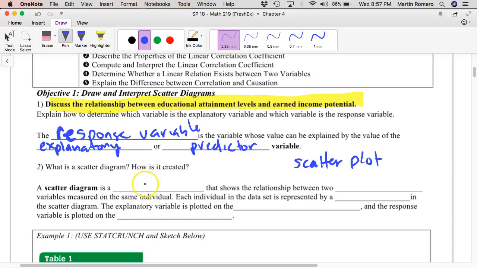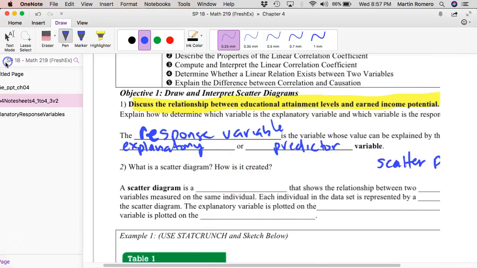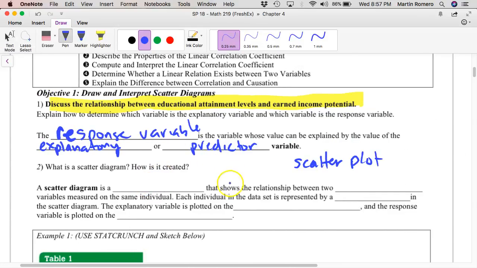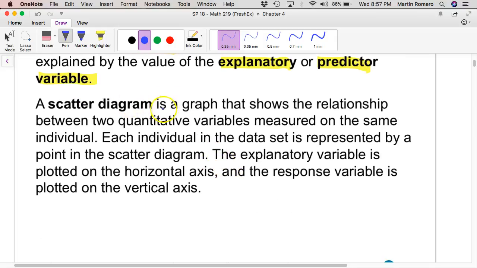And how is that created? The scatter diagram is, first, a graph that shows the relationship between two quantitative variables. So now we're going to be looking at two variables measured against each other. Each individual in the data set is represented by a point in the scatter diagram or scatter plot, and the explanatory variable is on the horizontal axis.